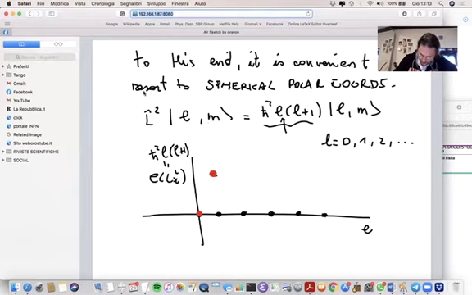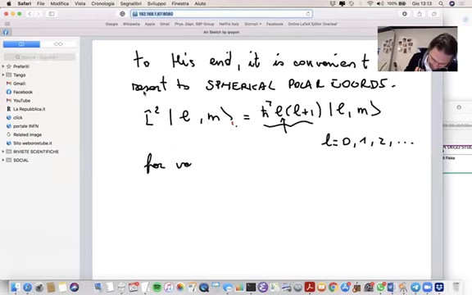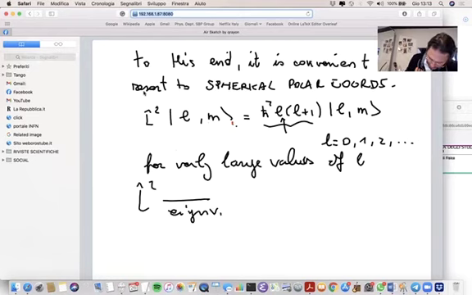And when L is equal to 2, I get 3 times 2 is 6, and so forth. So when you go to very high angular momentum, for very large values of L, the eigenvalues are almost h bar squared L squared.